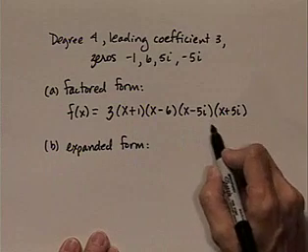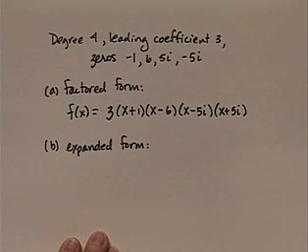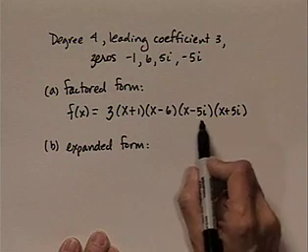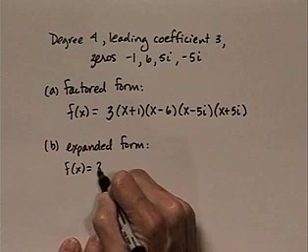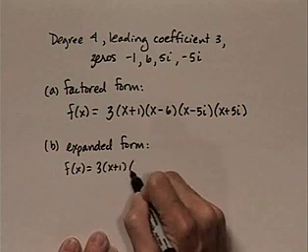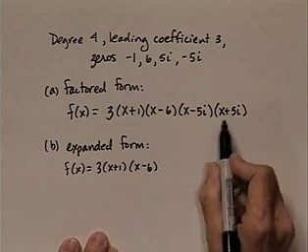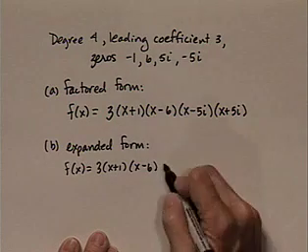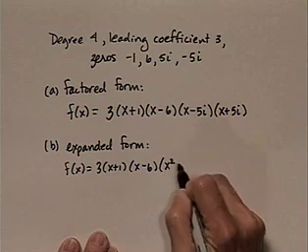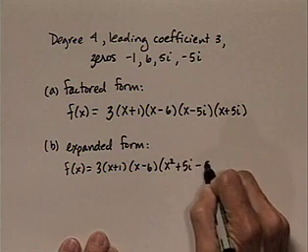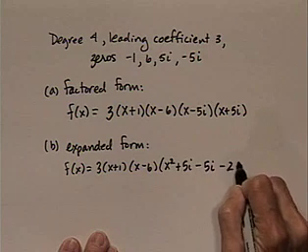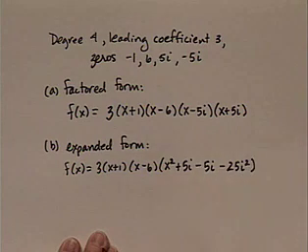Let's start by multiplying the two factors that have complex zeros in them. So I'll keep my 3, my x plus 1, and my x minus 6, and I'll multiply these two factors at the right. I'll get x squared plus 5i minus 5i, and then minus 25i squared.